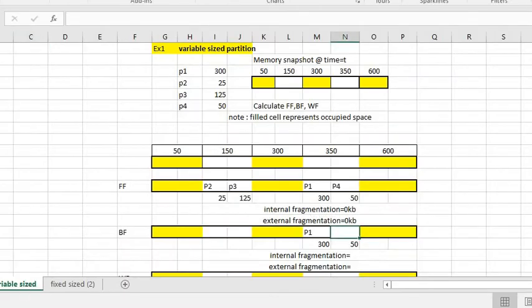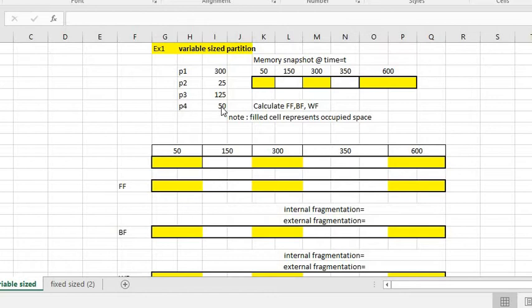So now let us have the same problem represented on an Excel sheet. Under variable size partition, we have 4 processes of size 300 KB, 25 KB, 125 KB and 50 KB. This is the memory snapshot at a time t, created after several processes swapped in and swapped out, with the holes and with the occupied space.